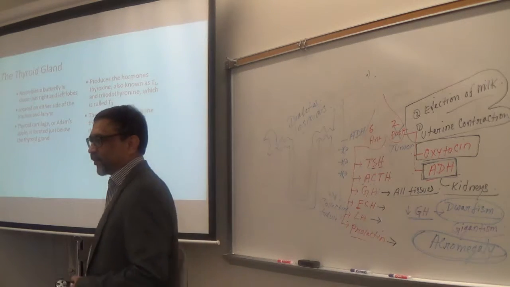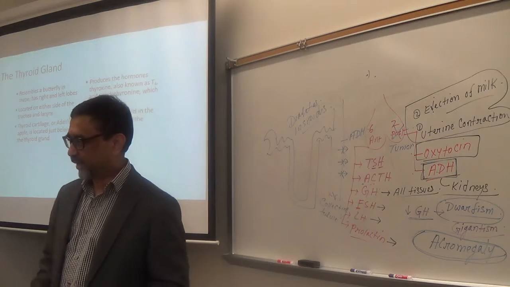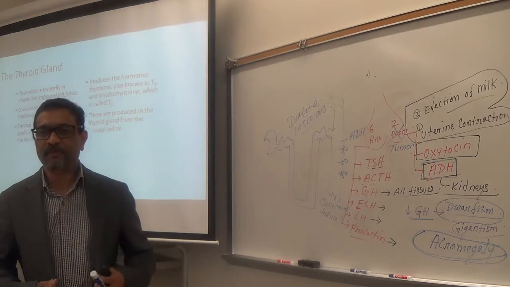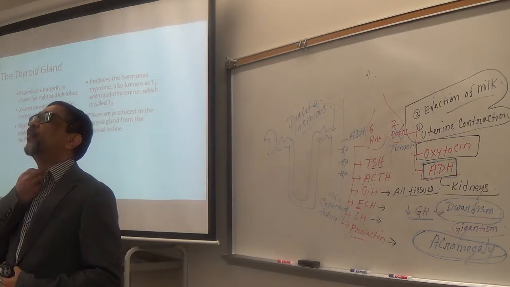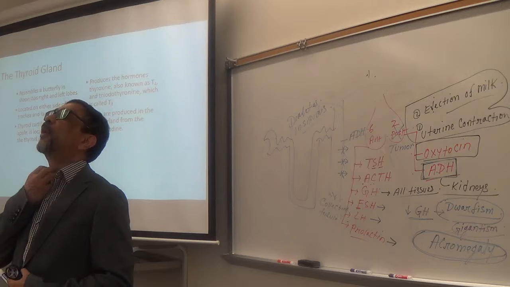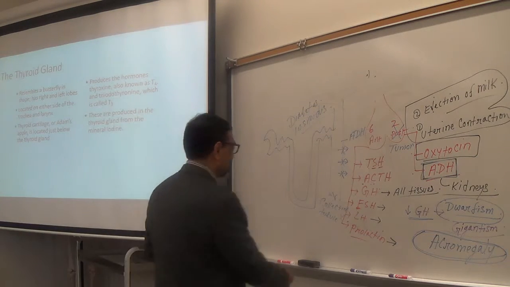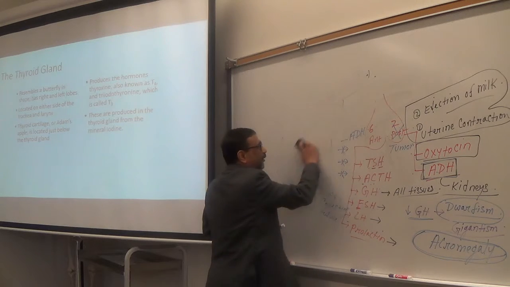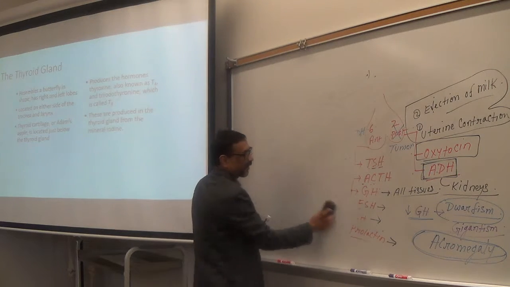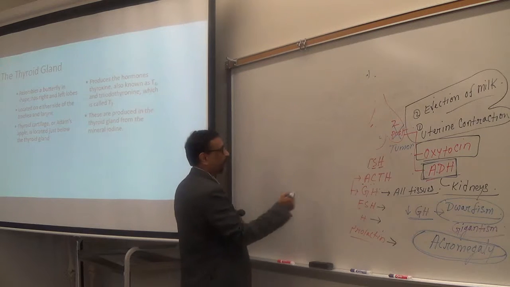Thyroid gland. Now let's go to another gland, the thyroid. The thyroid gland is located, I mentioned, in the front of the lower part of the neck here. First we'll see the anatomy of the thyroid gland.